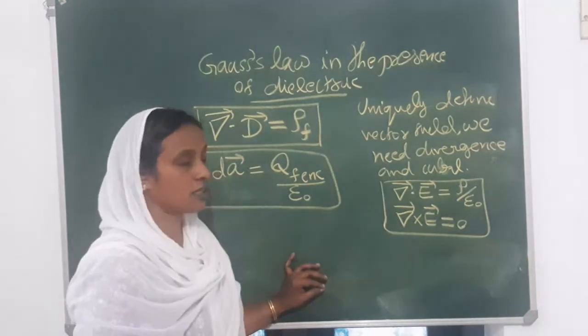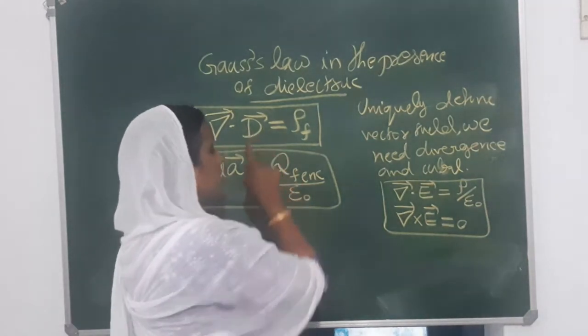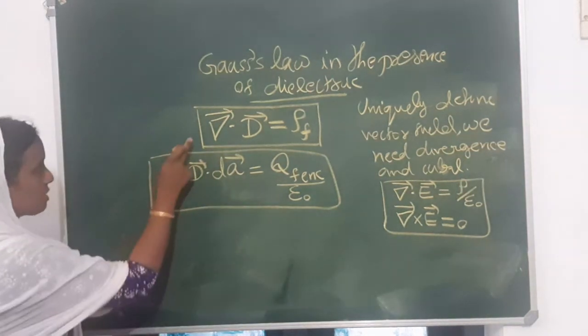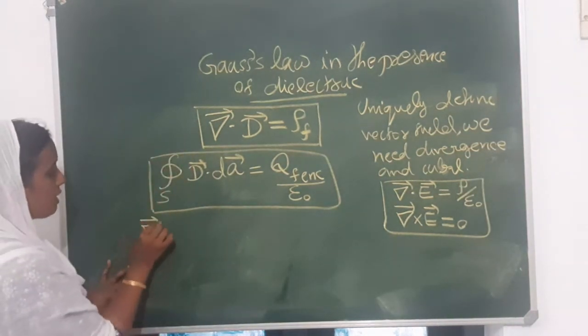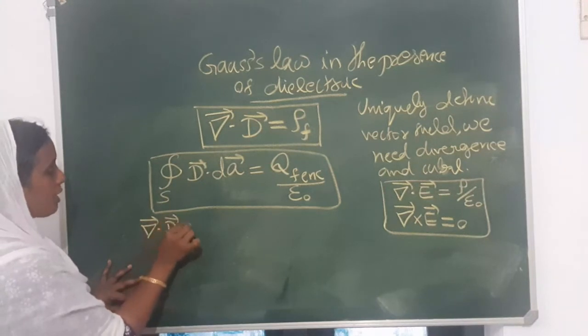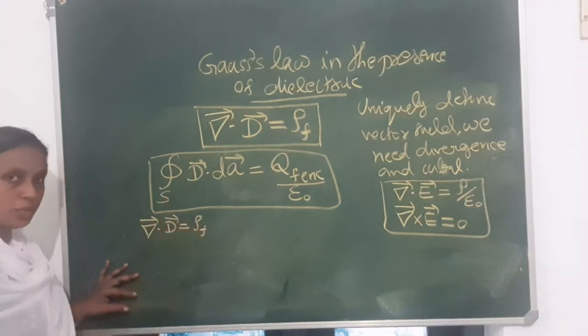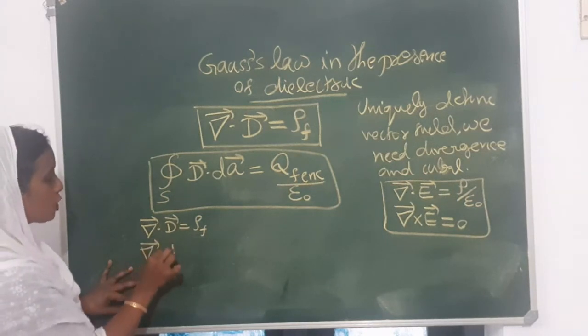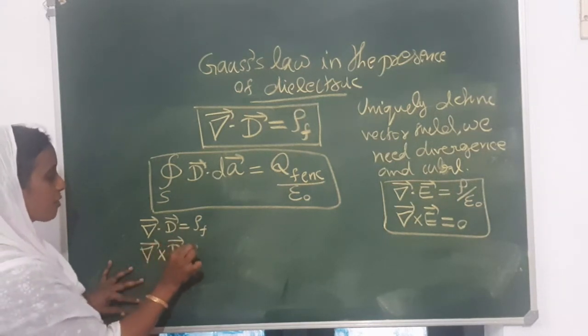But what about the displacement vector? We know that del dot D equal to rho f, it is true, but what happens to del cross D?